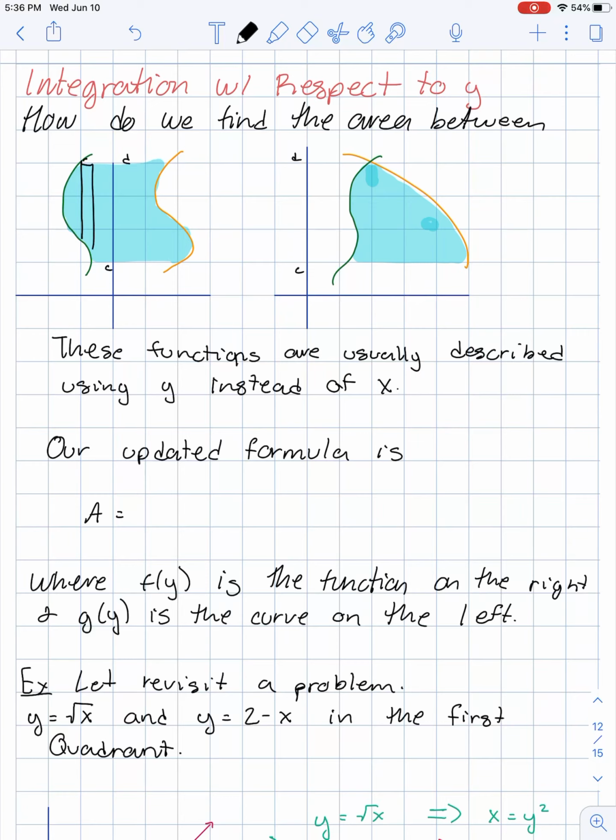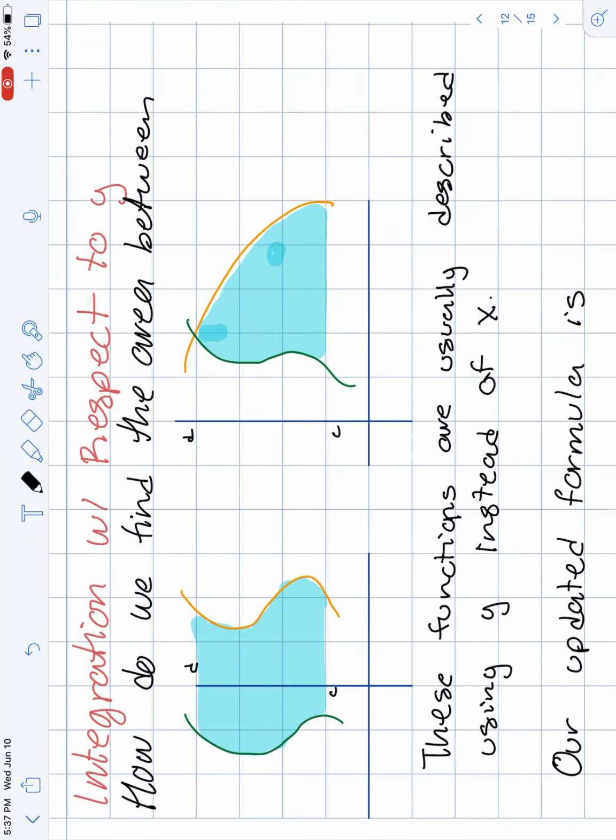If I'm trying to find like this Riemann sum, that's not gonna really work. So these, we usually have y equals something, some version of manipulated with x. Well, these functions are usually described using y instead of x. All right, so I flip to the right page in my textbook.